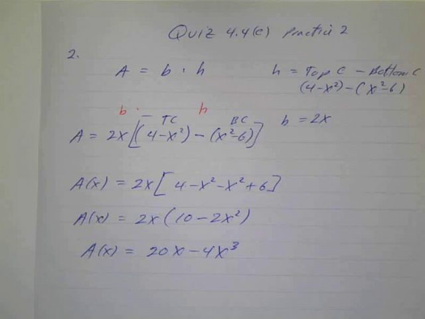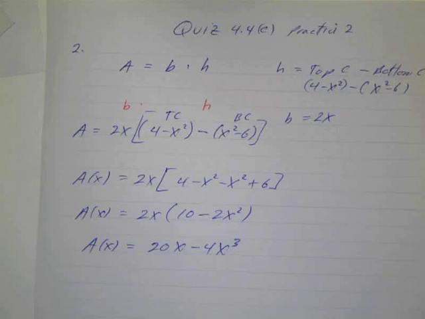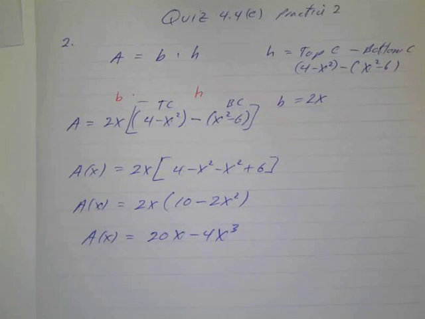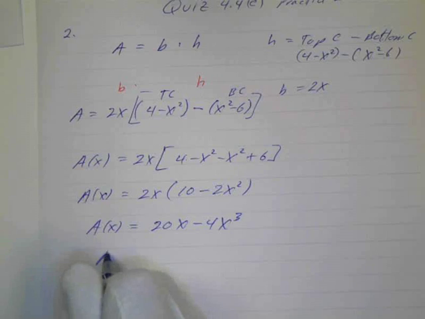Now I'm going to do this a couple of ways, and I'm going to show you a little shortcut or a different way to do this using your calculator. Now this derivative is easy to take by hand, so we can do that. So let's just do it mechanically there. So A prime is pretty easy.